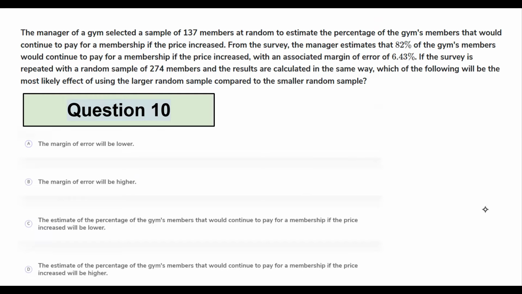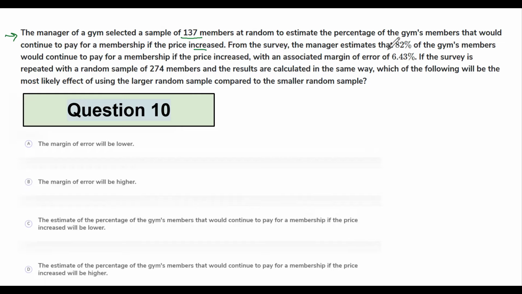Now, let's do question number 10. The question says, the manager of a gym selected 137 members at random to estimate the percentage of the gym's membership that would continue to pay for a membership if the price increased. Okay, so they are increasing the price and they are checking who would pay or who would not.